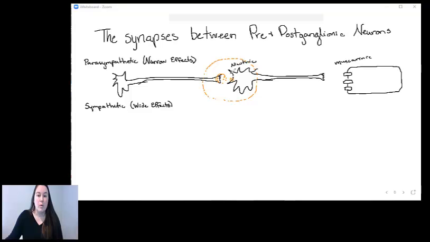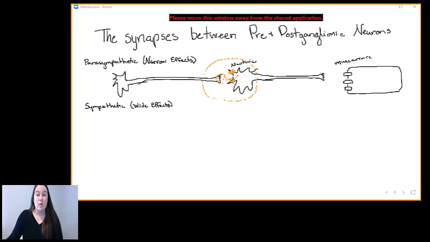Here, we're going to have ligand-gated channels that are going to respond to the neurotransmitter. So the neurotransmitter will engage the receptor, and this should depolarize the cell. It should create a local potential sufficient to hit threshold so that the postganglionic neuron sends a signal.